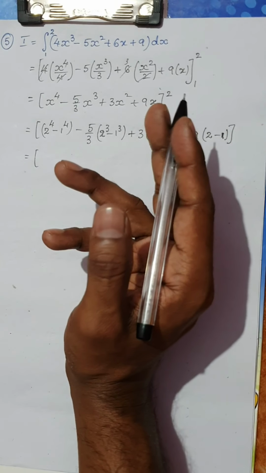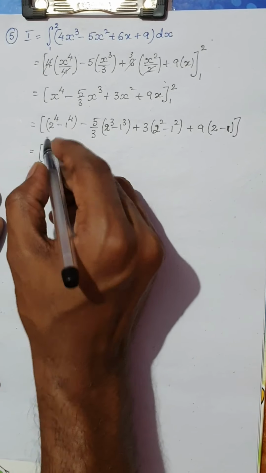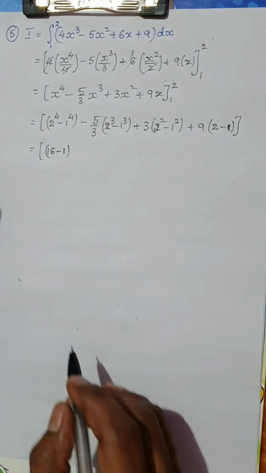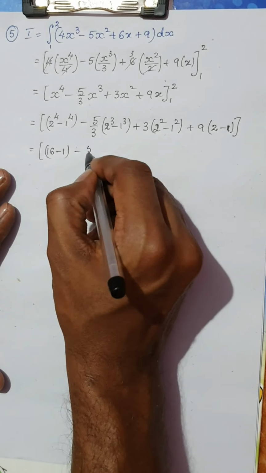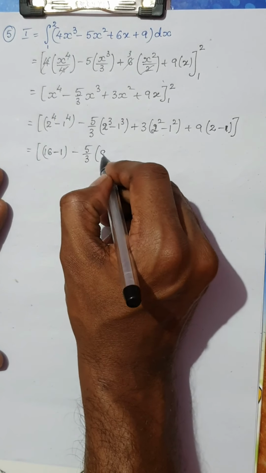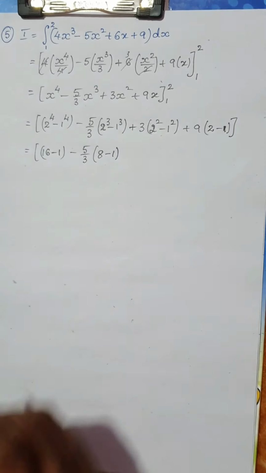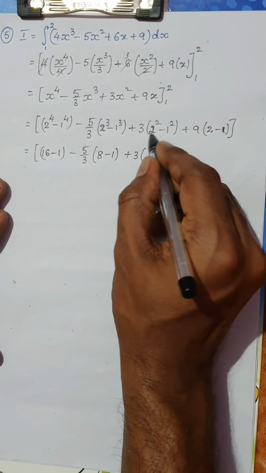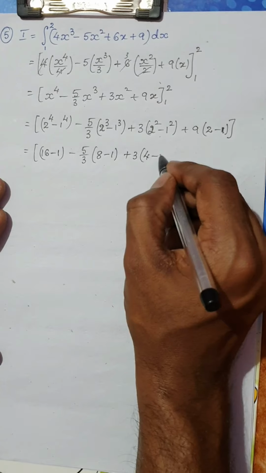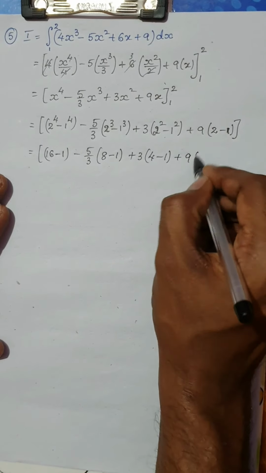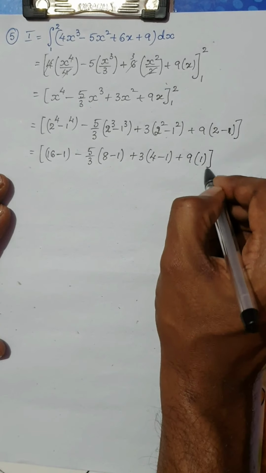We know 2 2s are 4, 4 2s are 8, 8 2s are 16, so this is 16 minus 1 power 4, which is 1 itself, right? Minus 5 by 3 into 2 power 3, that is 2 cube would be 8, minus 1 cube is 1, right? Plus 3 into, we all know 2 square is 4, minus 1 square is 1, plus 9 into 2 minus 1 is simply 1.